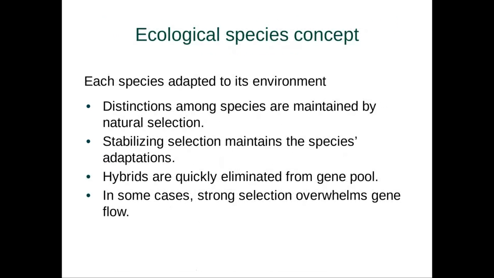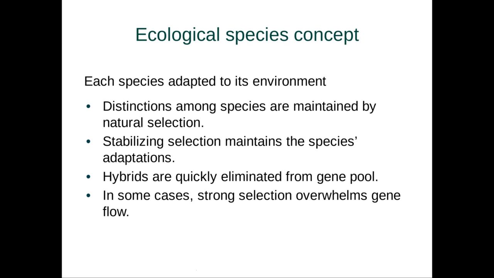But this does lead to the development of what we call the ecological species concept, where each species is adapted to its environment. And so it doesn't rely so much on your capacity to produce offspring, but it's simply what ecological niche or breadth of ecological conditions do you operate under.